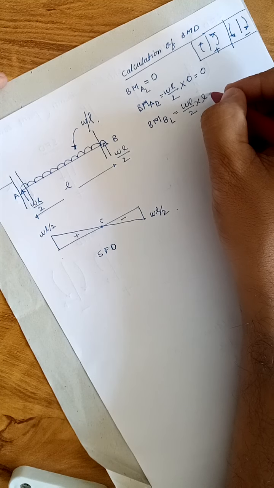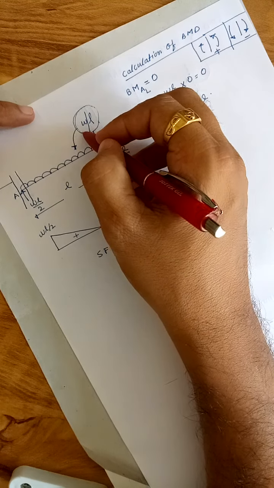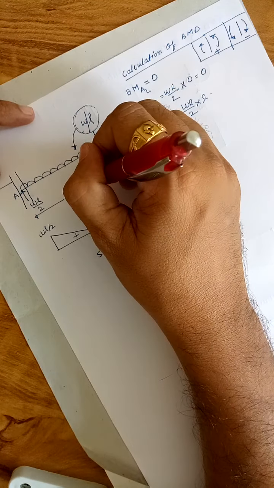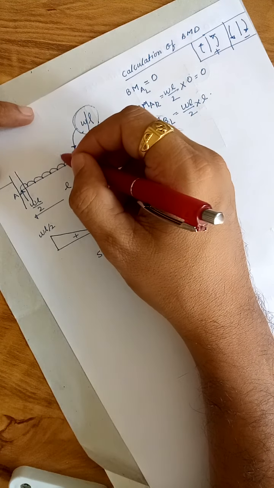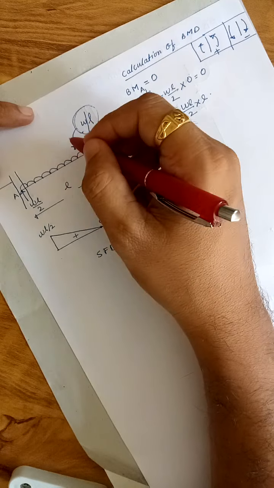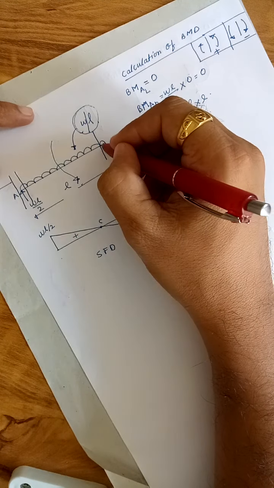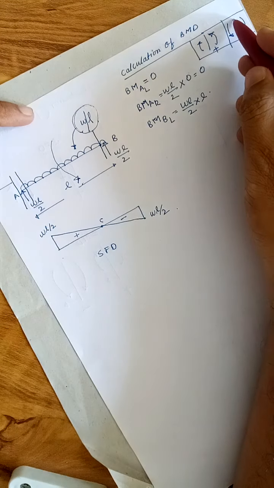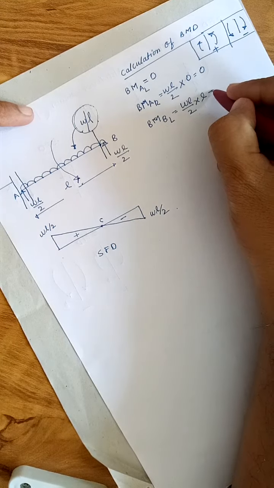Now this load, the uniformly distributed load, is acting in a downward direction and causing rotation of the structure, having a moment in anti-clockwise direction at this section. When it is in anti-clockwise direction, it is considered negative, so that's why negative.